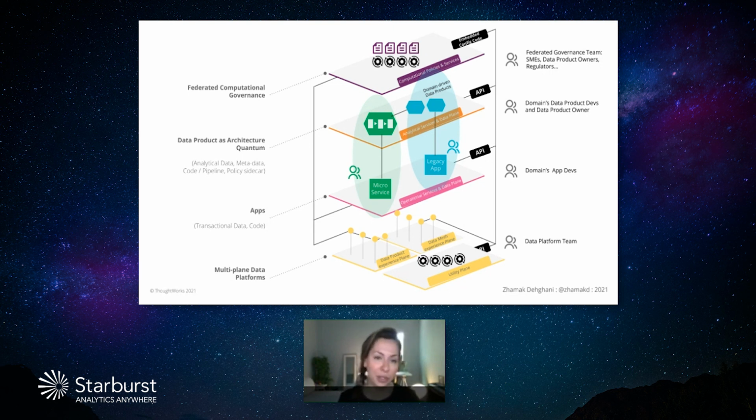So we call that the data product experience plane, and it has a set of APIs and capabilities, as well as a mesh experience plane, be able to now have a set of capabilities to operate the mesh, to discover data products, to connect to them, to observe the lineage, and so on.